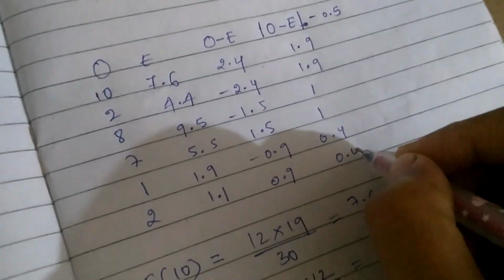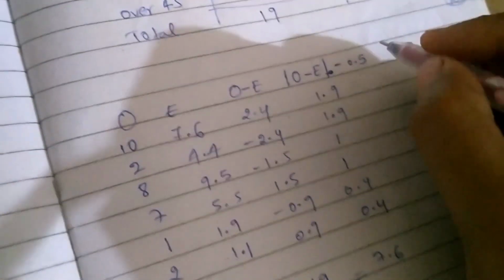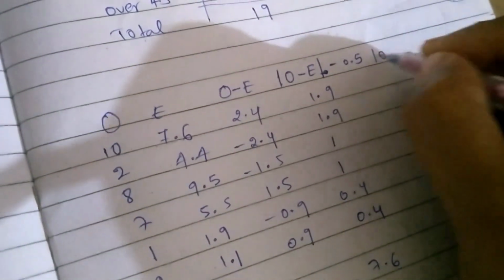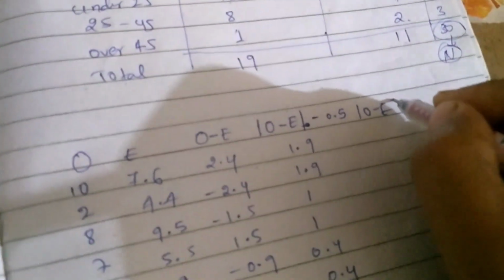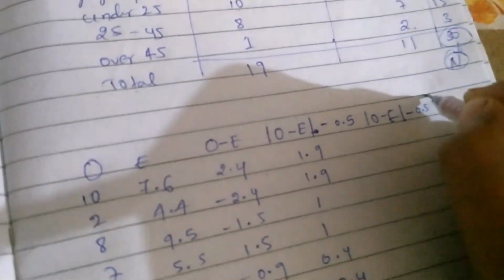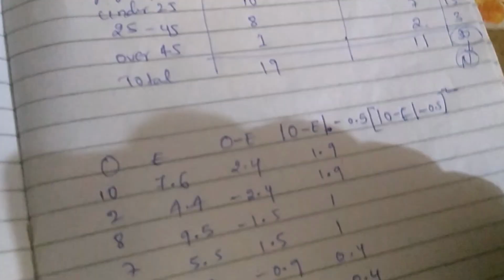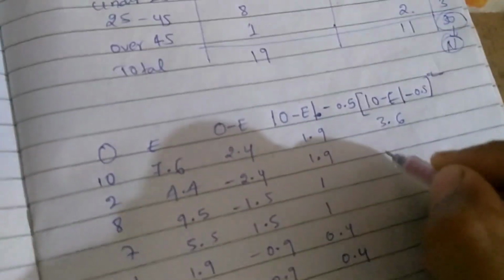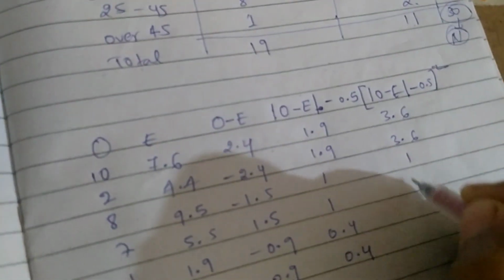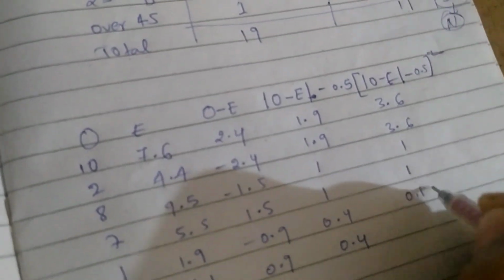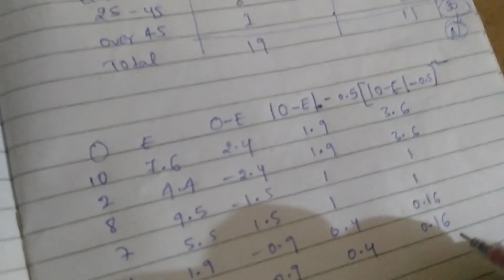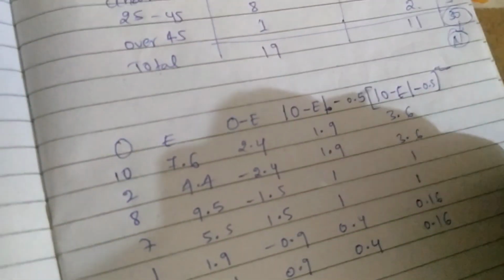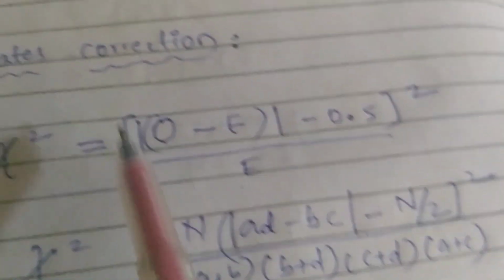Similarly 0.4. Our next step is observed frequency minus expected frequency, modulus, minus 0.5, and we have to square this. So 0.9 times 0.9 gives around 0.81, and similarly for the others, 0.16 and 0.16. Checking the formula, this is the formula, and we have done it up to here.